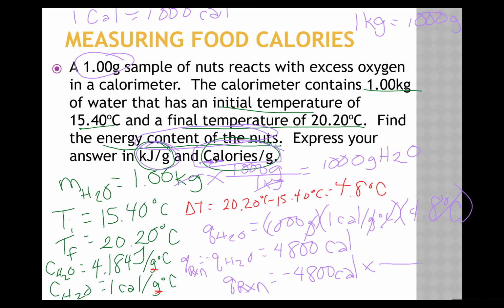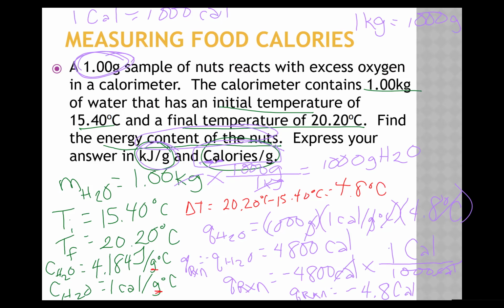So I set it up just like I did before. Calories cancel. So the Q of the reaction then for the nuts equals negative 4.8 kilocalories.